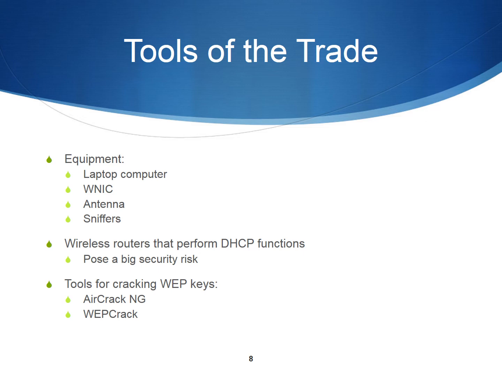Some of the hacker tools for cracking WEP keys are AirCrack-ng, which can recover keys once enough data packets have been captured, and WEPCrack, which is an open source tool for breaking WEP secret keys.